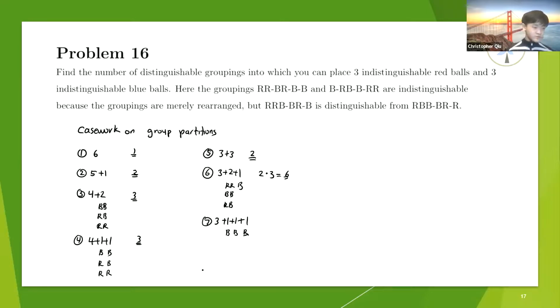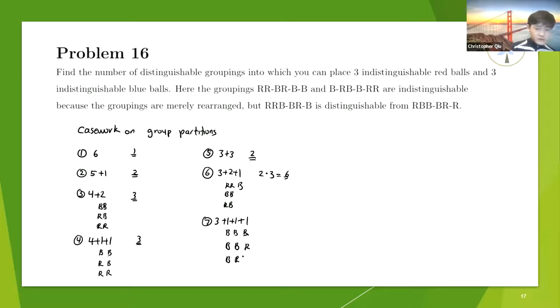We could have 2 groups of 1 blue ball each, and 1 group of 1 red ball. Or we could have 2 groups of 1 red ball each, and 1 group with 1 blue ball. Or we could have all three of these 1-ball groups having red balls.